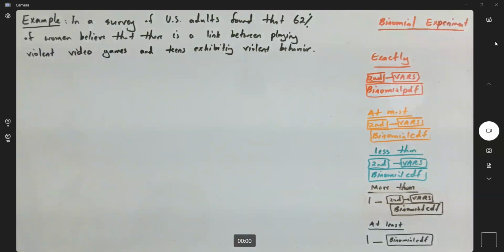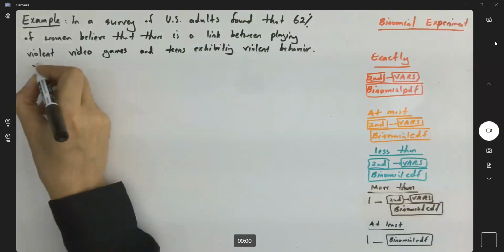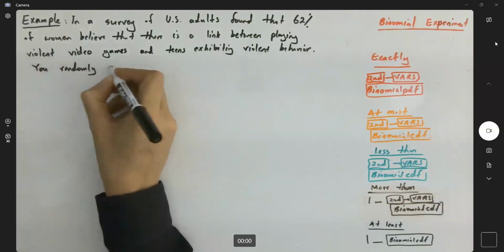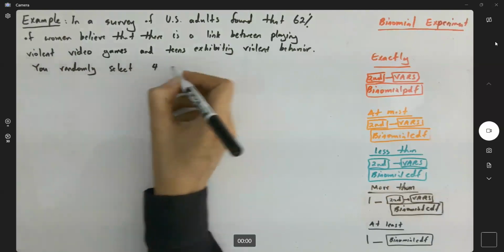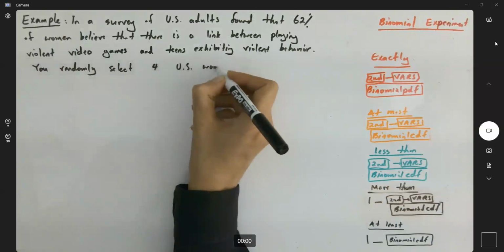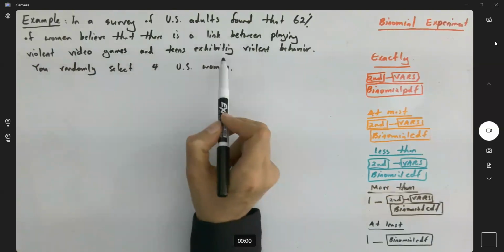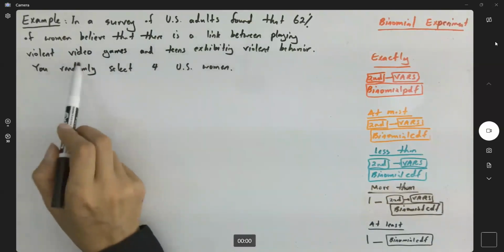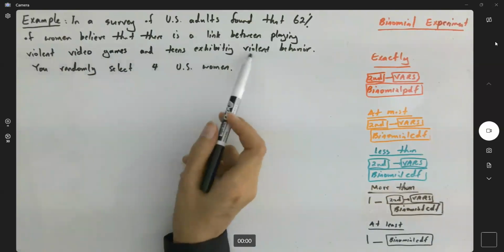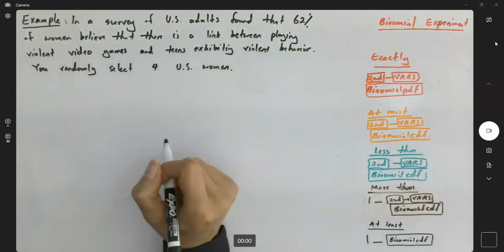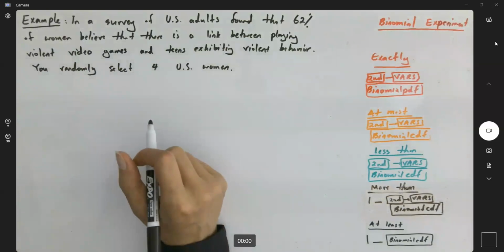Very good. So this is our survey. You randomly select 4 US women and ask them, do you think there is a link between playing violent video games and teens exhibiting violent behavior or not? Find the following probabilities.